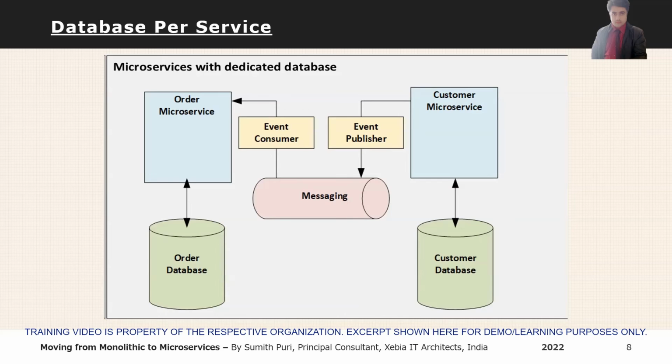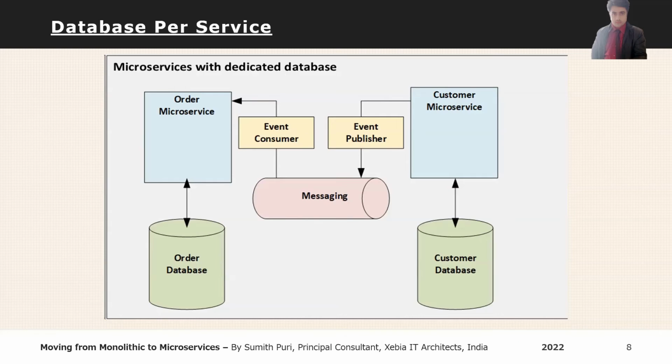In collective decision making, you decide that I'm going to split this into two different microservices and have a dedicated database per service, which means all the order microservice tables, procedures, everything is going to go into the order database, and everything that belongs to, let's say, the customer schema and the stored procedures or any database requirements are all going to go to the customer database for the customer microservice. Now, up to that point, it's fine.